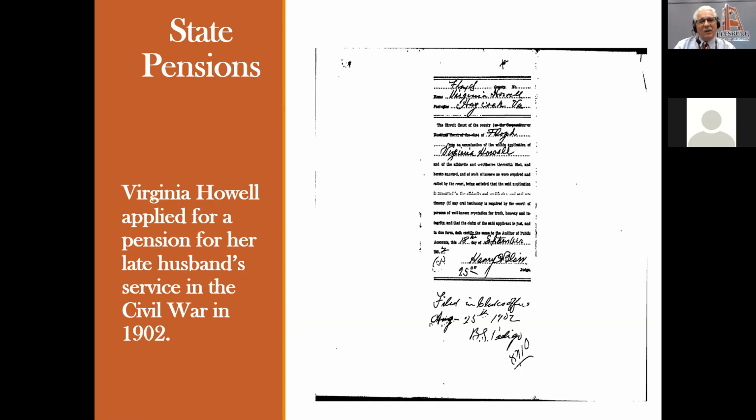But a lot of states like Virginia and Florida, who were in the old Confederacy, actually had their own pension funds. So she was able to qualify. And one of the things about the marriage, she said, is that they eloped. She and her husband eloped when they were teenagers and got married. They rode over the border from Virginia into North Carolina, and were married there. So you find a lot of interesting little details when you look at this stuff.